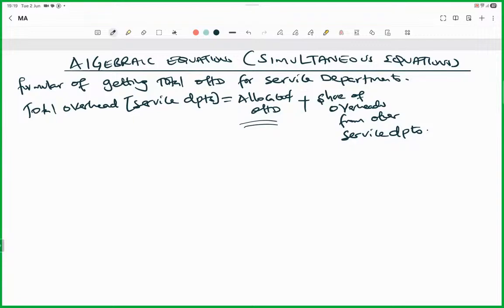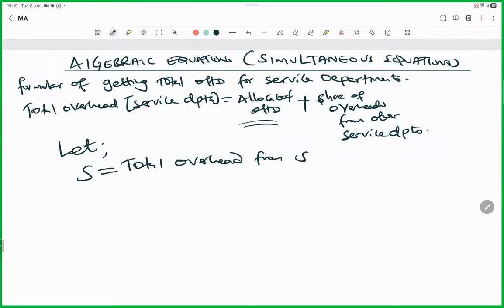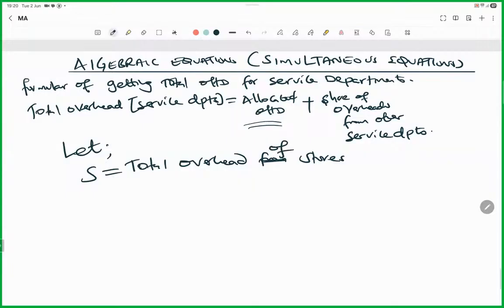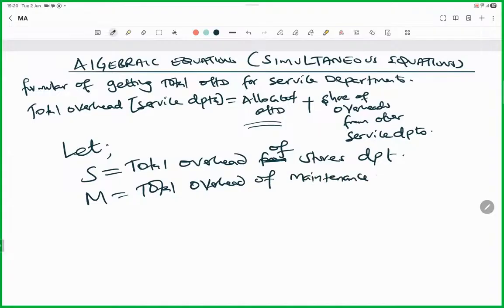So in this case here, we shall let S represent the total overhead from stores. Not from ops. Stores department. And then M will be total overhead of maintenance department.